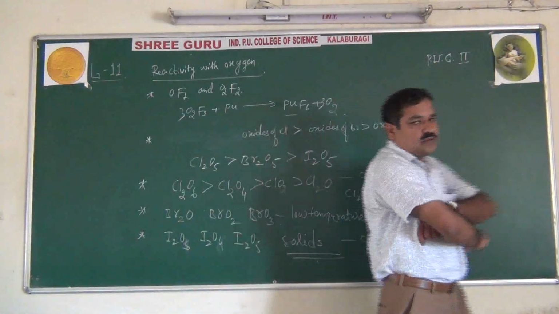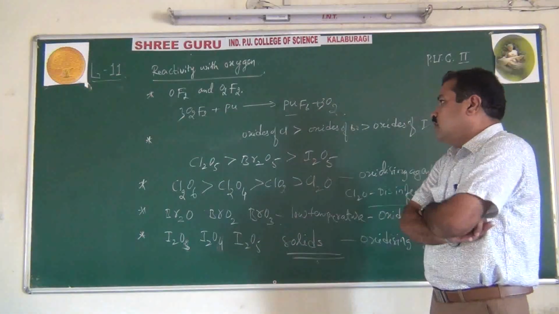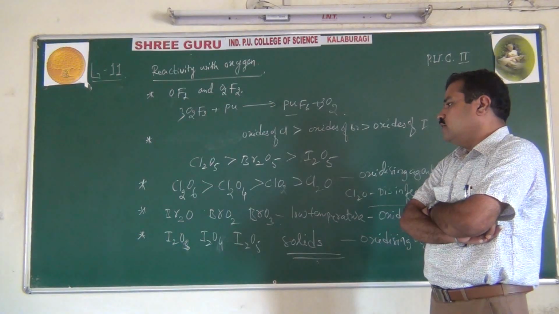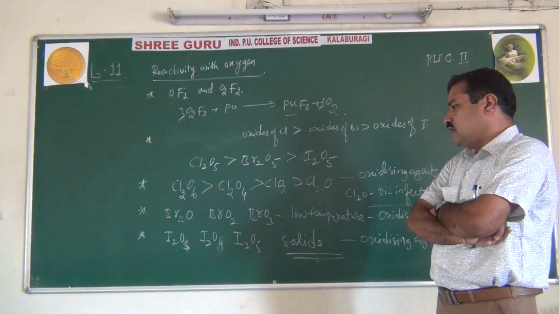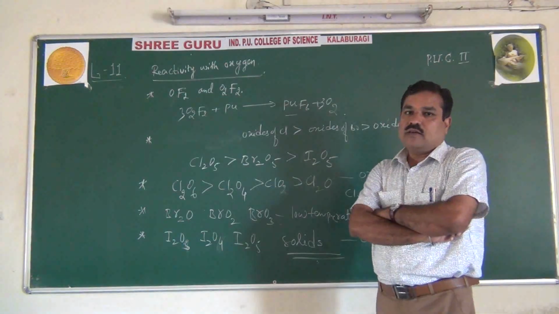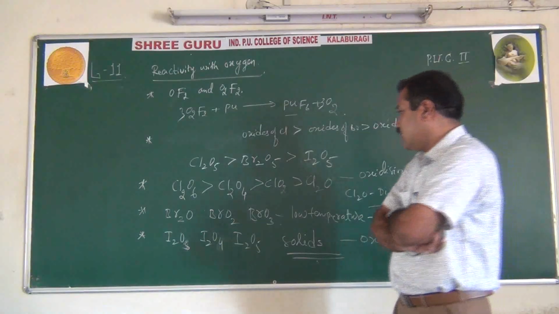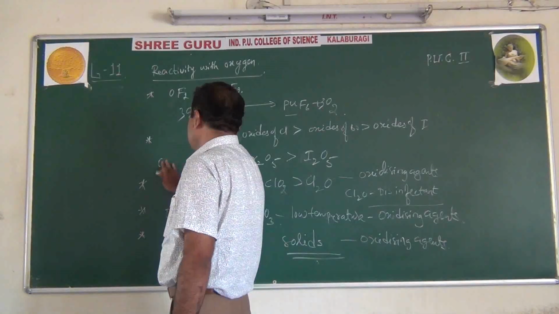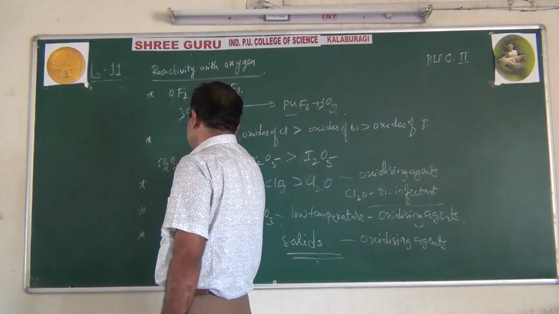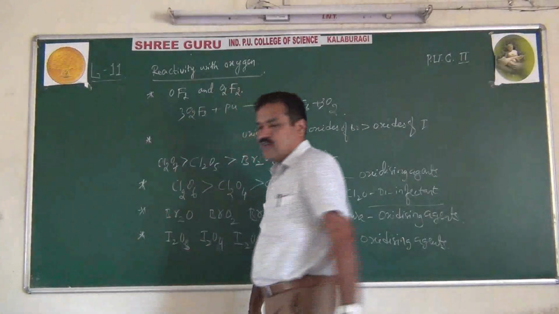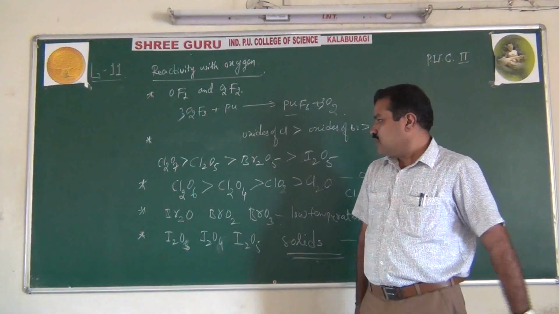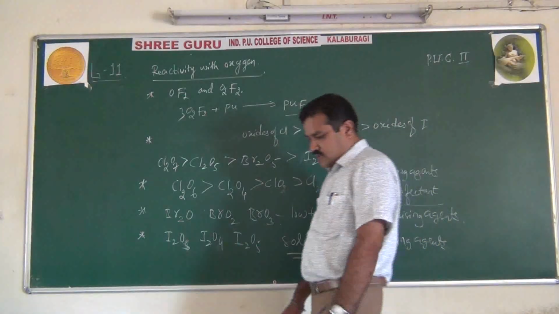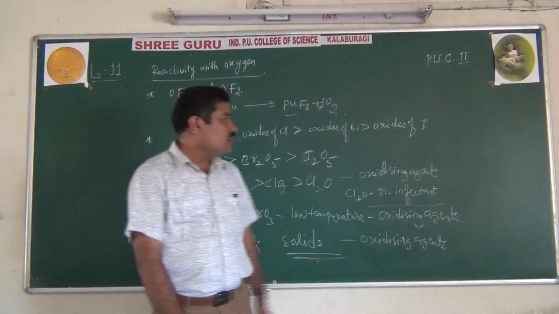From this, what you come to know is that all halogens except fluorine, that is chlorine, bromine and iodine, form their monoxides, dioxides, trioxides, pentoxides, even heptoxides up to +7, such as Cl2O6 and Cl2O7. So oxides of chlorine are more stable than oxides of bromine, and oxides of bromine are more stable than oxides of iodine.